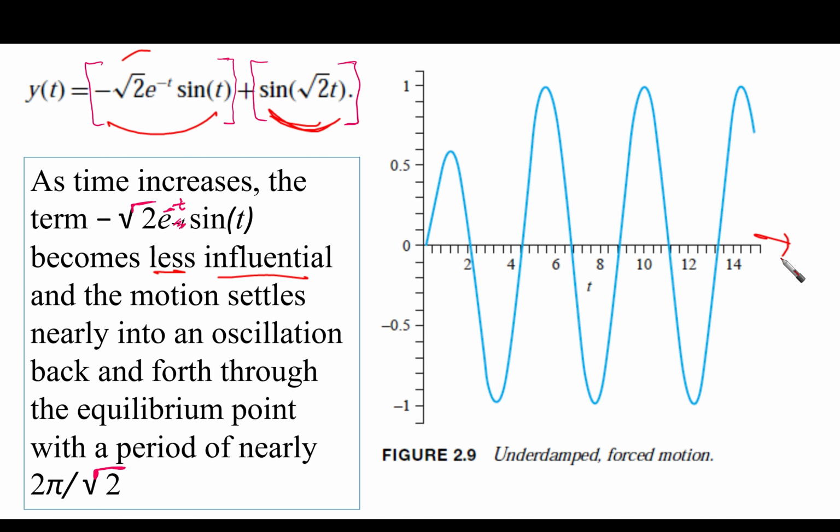So if t is increasing, this term turns out to be less influential, and the motion settles nearly into an oscillation back and forth through the equilibrium point with a period of nearly 2 pi over the square root of 2. So we also have this kind of steady state. Remember that ultimately we are coming to a steady state, okay?